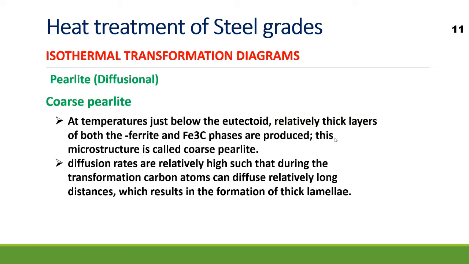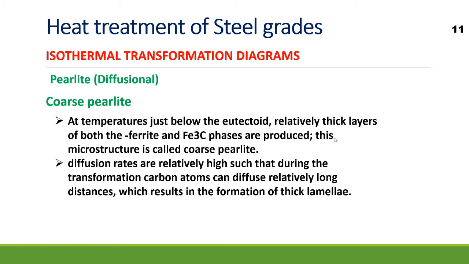It happens because of the diffusion rate. When diffusion rates are relatively high, carbon atoms can diffuse over relatively long distances during the transformation, which results in the formation of thick lamellae. As you see, the temperature is just below the eutectoid temperature, which is quite high, and high temperature is always favorable towards the diffusion rate.